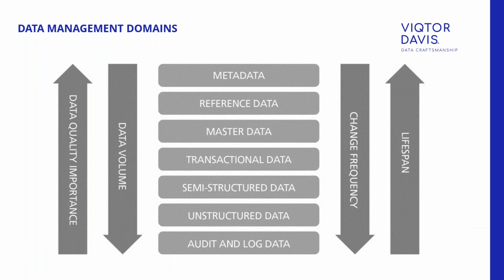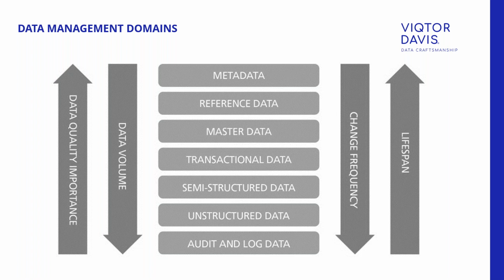So in terms of the sort of data that we'd expect to see in a cloud data platform, we very much work on these data domains, and we work to model them as early as possible in our engagement. So we'd expect to see all of these domains represented in a cloud data platform.